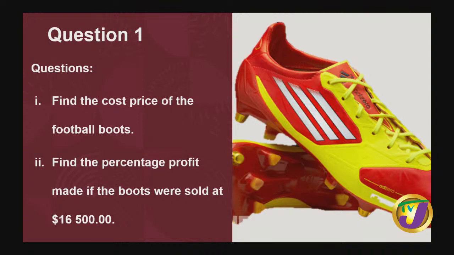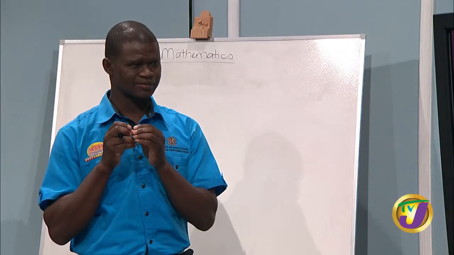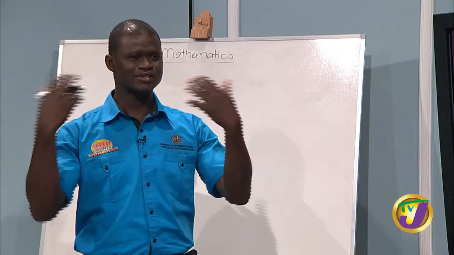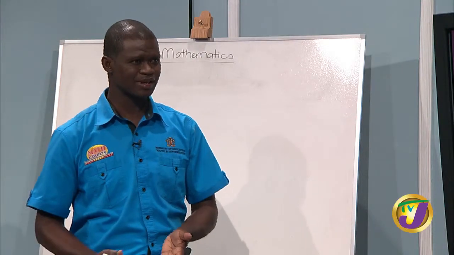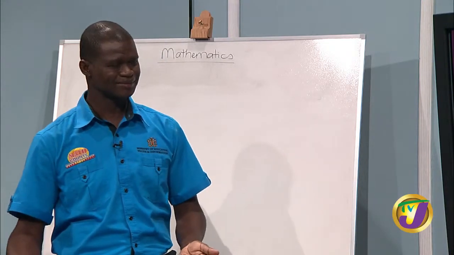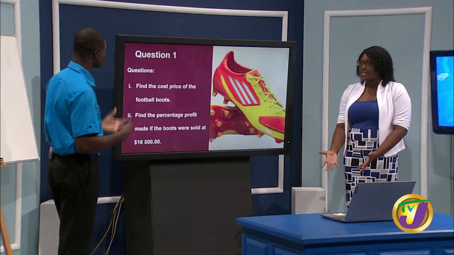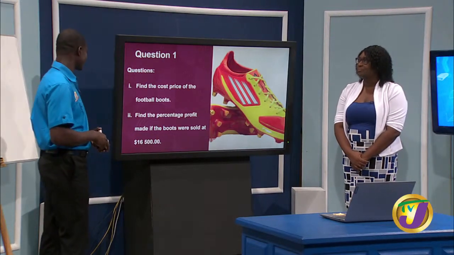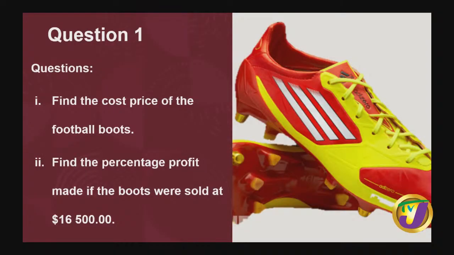As we have been explaining in previous lessons, your cost price would be 100%. If your selling price includes a 20% profit, it means I've gone over 100%, I've actually gone to 120%. Okay, so let us see how we'll solve the first part of this question.